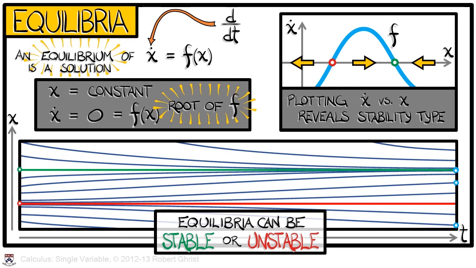And looking at the graph tells you whether x dot is positive, that is, x is increasing, or x dot is negative, that is, x is decreasing. And so one can see the stable equilibria as things like sinks, where nearby values of x tend toward the equilibria. The unstable equilibria look like sources. Starting nearby pushes you further and further away.